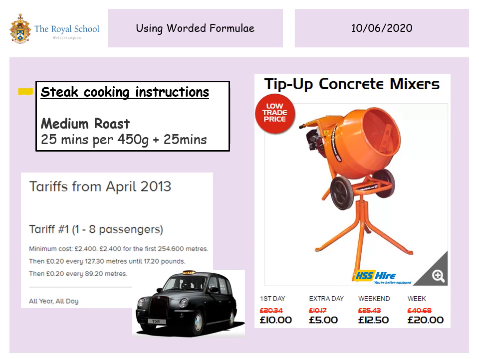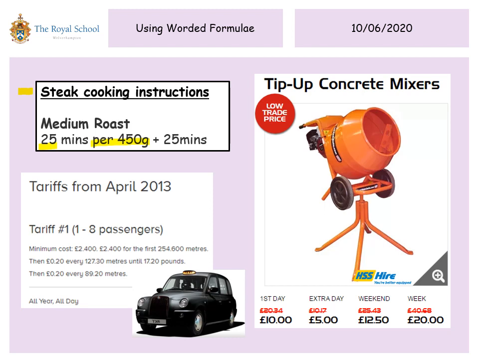But what we can see is that this isn't for every single steak. This is per 450 grams. So if the steak is less than that, then we need less than this initial 25 minutes. Or if the steak's more than that, then we'd need more than that initial 25 minutes. And then there's also another 25 minutes at the end.